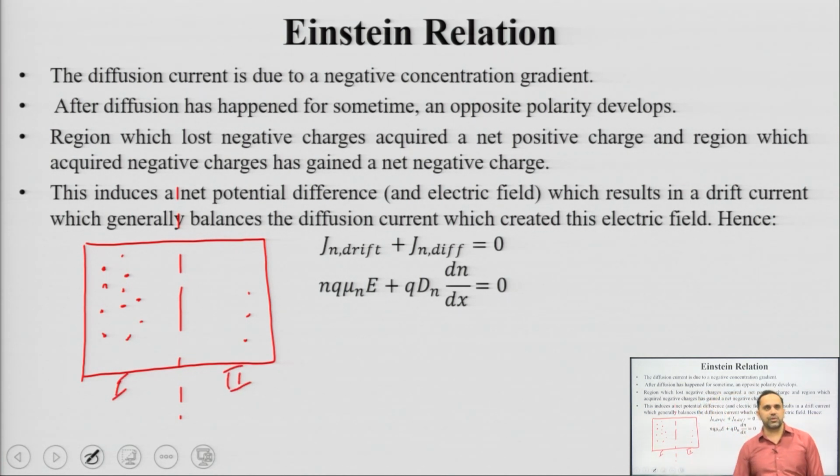Electrons are going to diffuse from a region of higher to lower concentration, from here to here. After some time, this region is going to lose electrons, this region is going to gain electrons. The region which loses electrons develops a small positive charge, the region that gains electrons develops some negative charge.